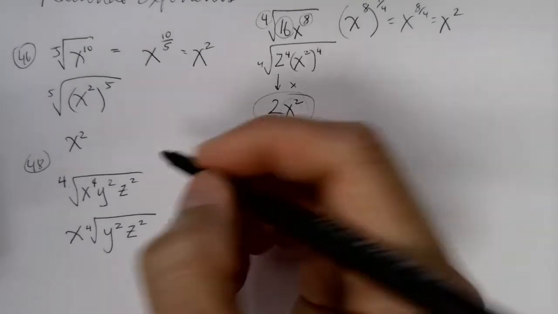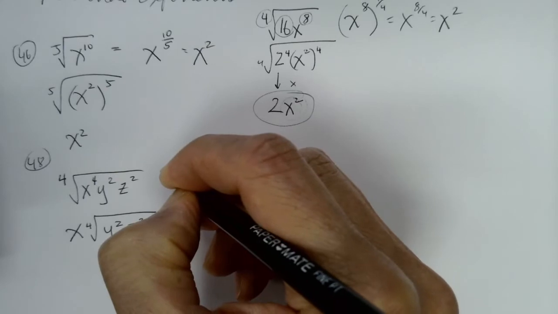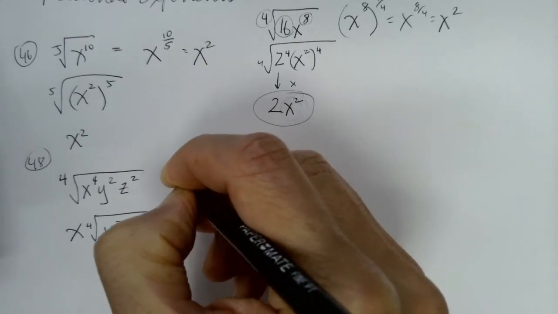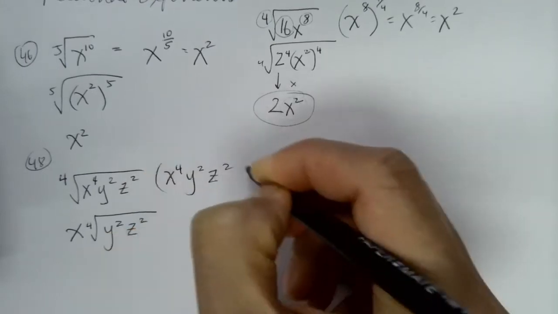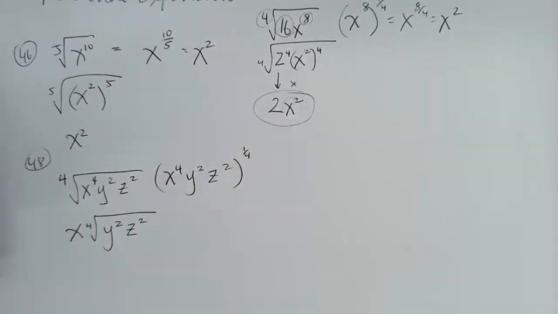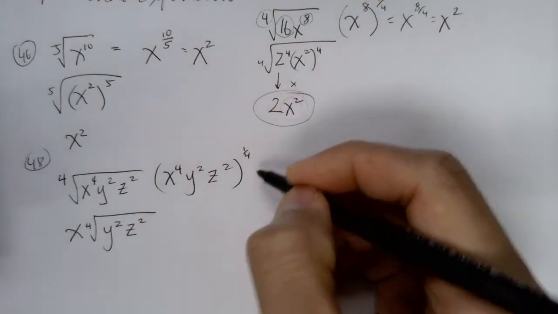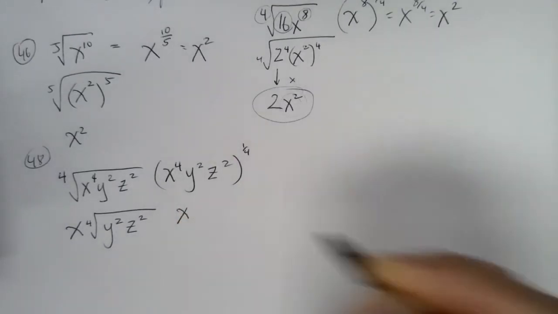It's a little bit harder to see, but I could simplify this even further, and that's where rational exponents are even more helpful. I can take what I have inside here, x to the 4th y squared z squared, and say, okay, that's to the 1/4 power, which means that I've got x to the 4th to the 1/4, so x to the 1st power.